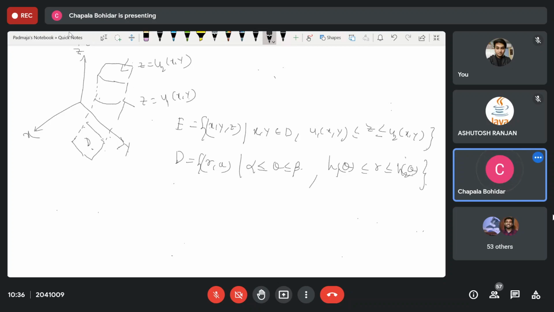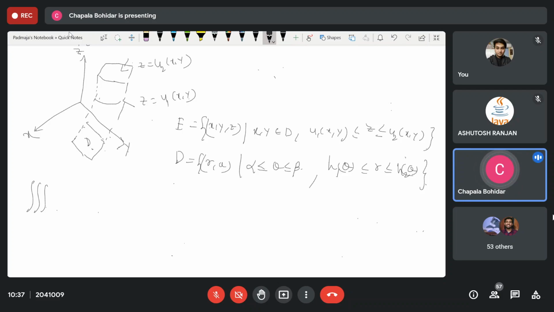Okay, so here in the triple integration formula, it may be type 1, type 2, and type 3 here. Cylindrical coordinates may be here. Type 2 may be here, parallel to the y-axis. This one is parallel to the z-axis.